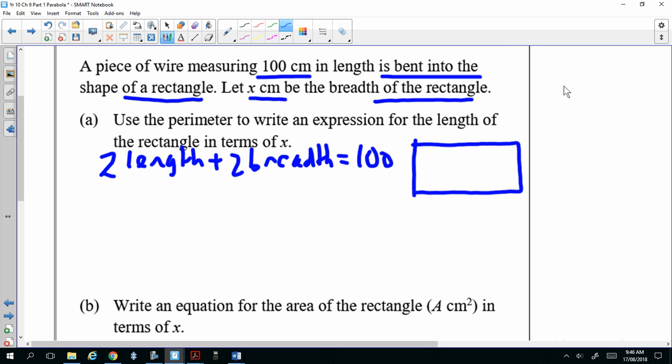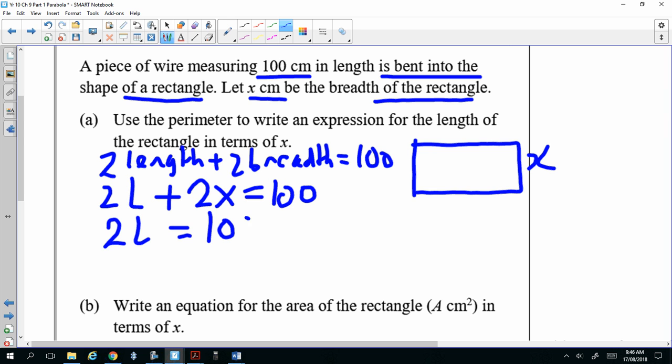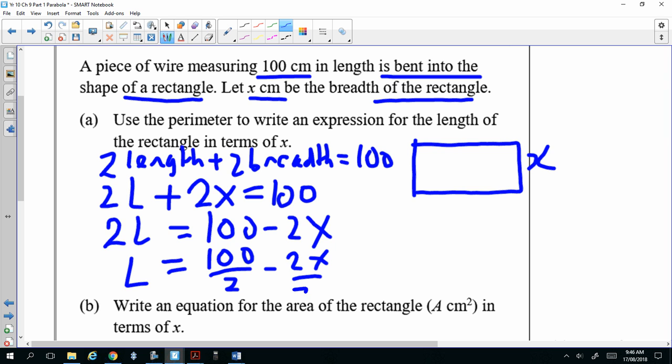All right. Now, next bit is, we know the breadth is x. So therefore, I could write 2L, L for length, plus 2x equal to 100. 2L equals 100 minus 2x. And then divide by 2. So divide 100 by 2, 2x by 2, you will end up getting the length is 50 minus x.